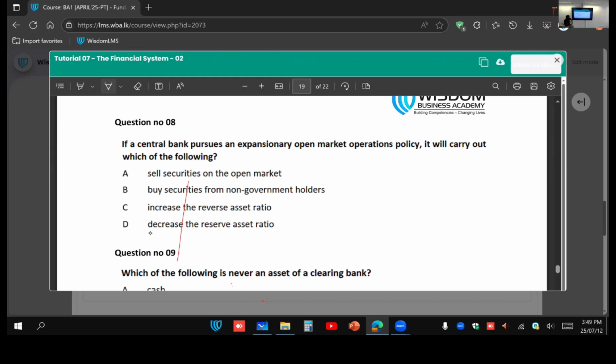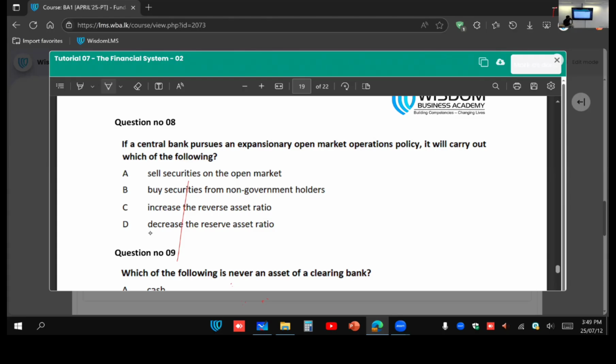Right? If a central bank pursues an expansionary open market operation, it will sell securities on the open market. Sell securities in the open market means cash flow happens how? Money flowing into the central bank or money flowing out of the central bank to the market? Money coming into the central bank. So that is not expansion.